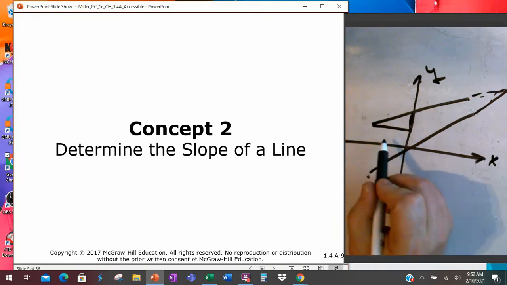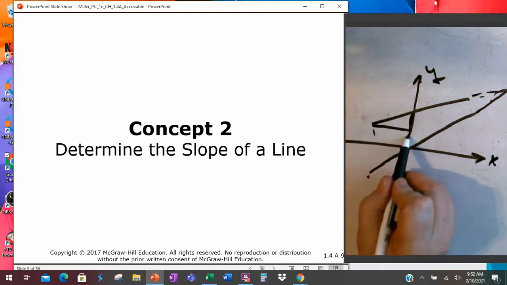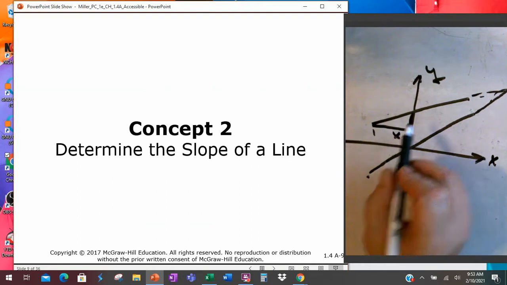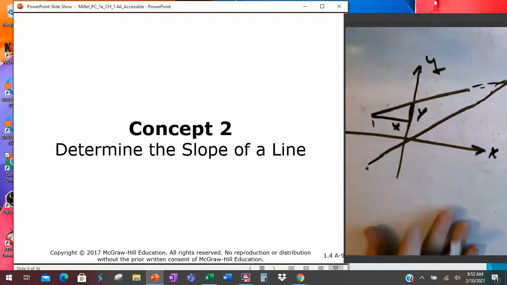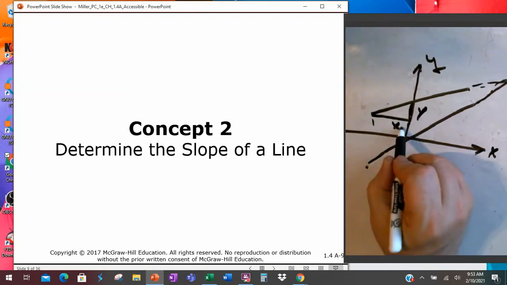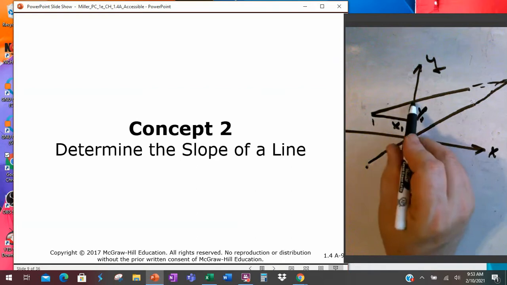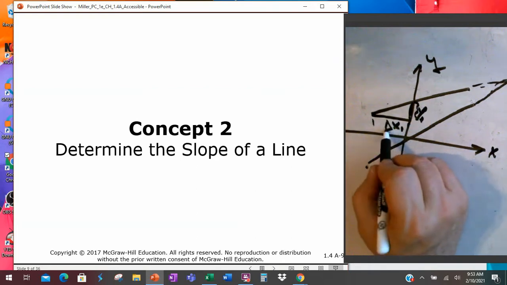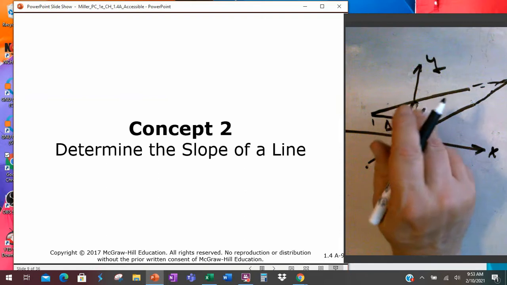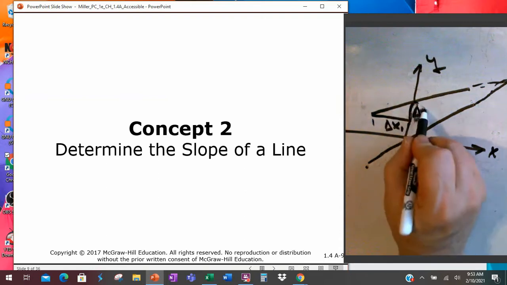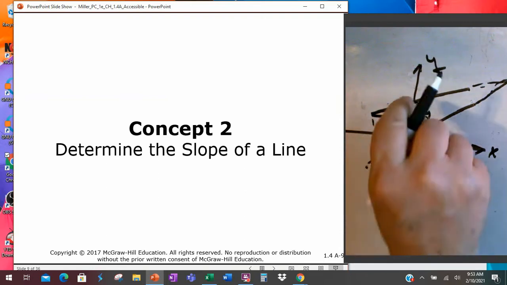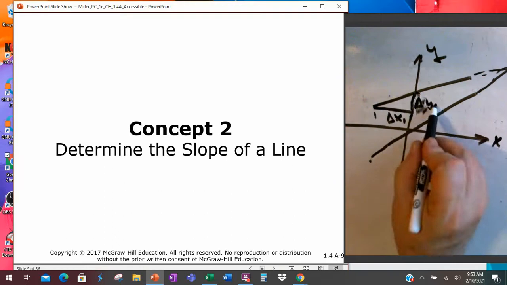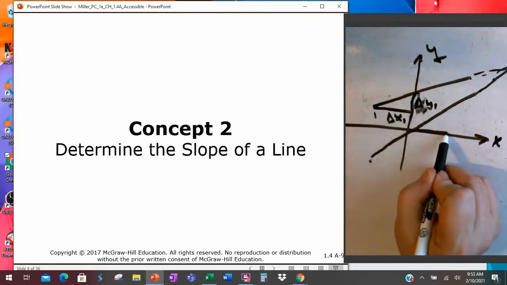It's kind of like if I went over here, x units from here, I went up y units, okay? So if I have x1, y1, here's these units here, and I'm going to call them a little differently. I'm going to call them delta x and delta y, meaning the change, how far they go over and how high. This is delta x1, delta y1.